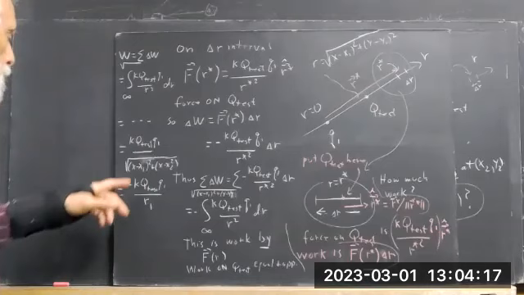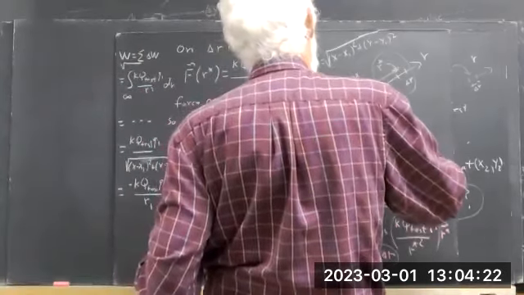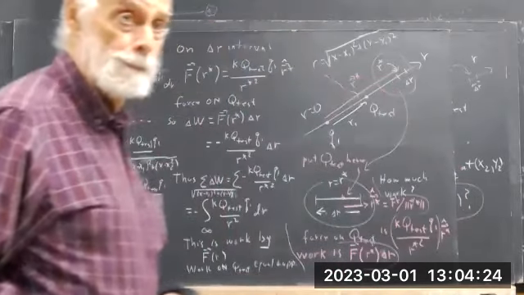I'm going to call that negative K Q test Q1 over R1. I'm going to call this distance R1.